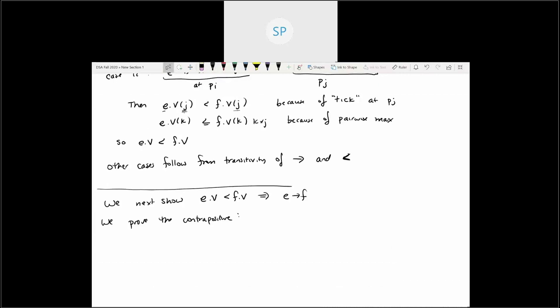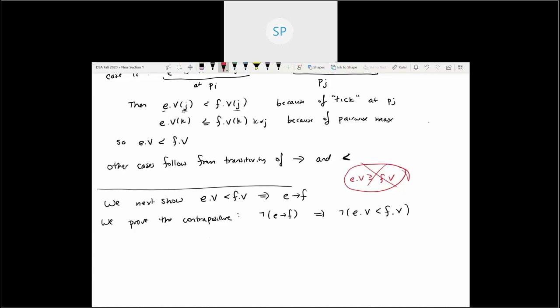So we're going to prove that not (E happens before F) implies it's not the case that the timestamp of E is less than the timestamp of F. Now, a little bit of math precision here: this is not the same thing as saying that E.V is greater than or equal to F.V, right?